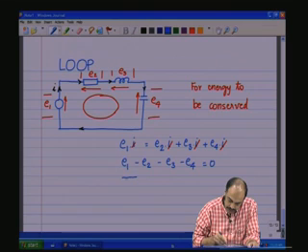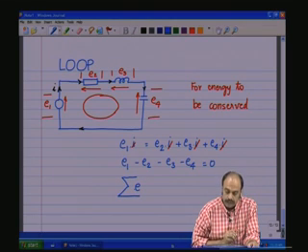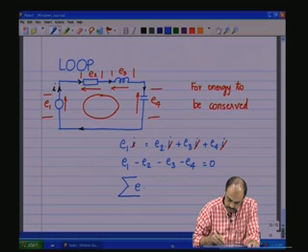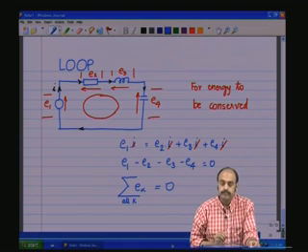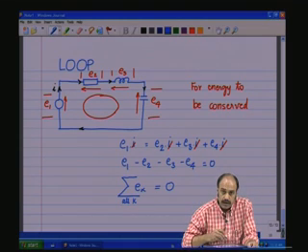What is important is sigma over all k of E_k will be equal to 0, which means that the algebraic sum of all the voltages across every component in a loop will always add up to 0.